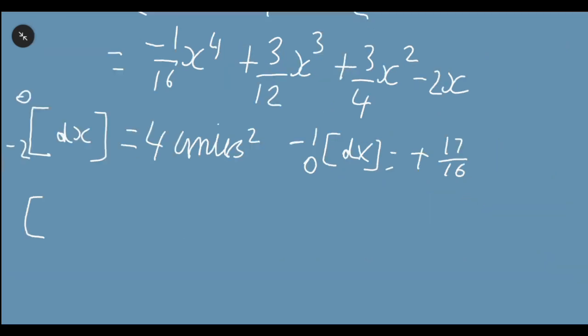Now, for the integral from 1 to 4, in this case, we have to include both values and subtract both of these. So let's work out what. We know that when it's 1, it would be minus 17 over 16.